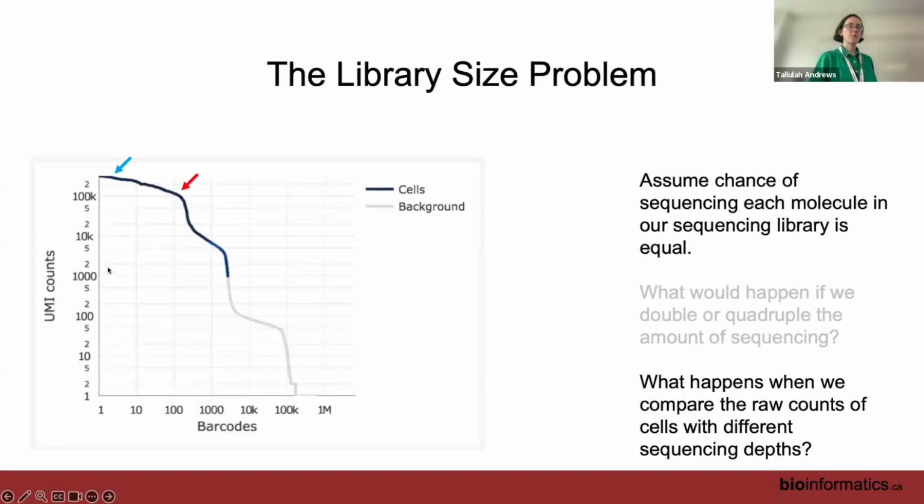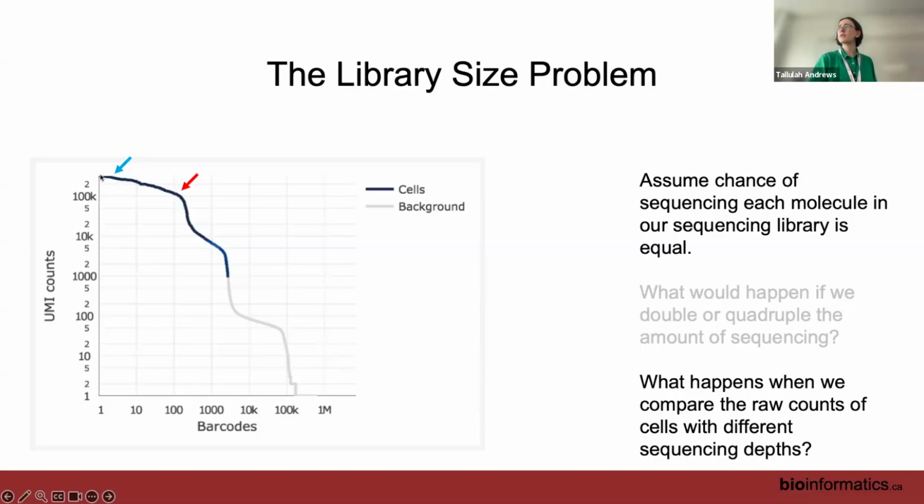So if we go to compare our single-cell RNA-seq data, this whole distribution up here, not even looking at this lower secondary knee, this line here covers 2-fold of total UMI counts per cell.